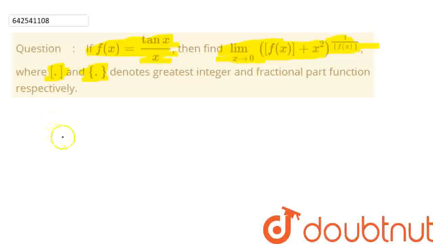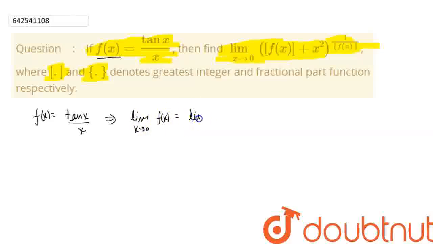So now for doing this question we are going to take the function which is given to us in the question. Here we are given f of x, so f of x is given to us as tan x by x. Now we are going to find the limit as x tends to 0 of f of x. If we find this limit, instead of f of x we have tan x by x.